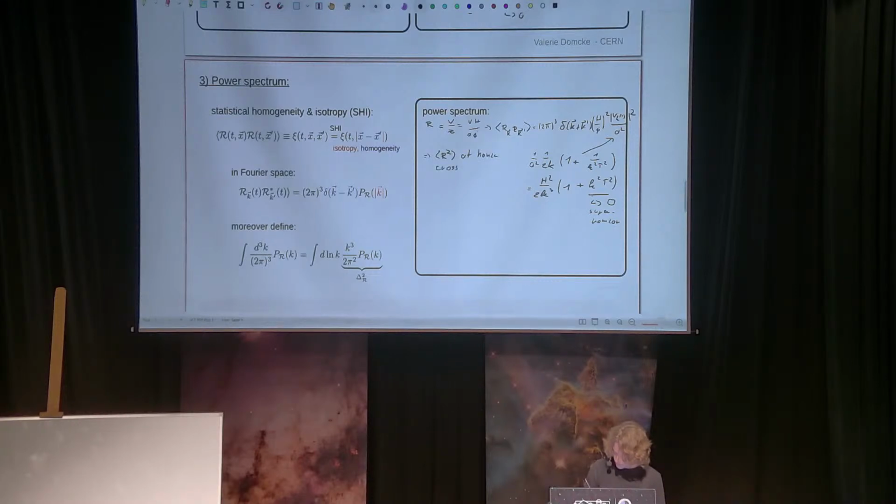And horizon crossing, just to remind you, means k equals a star H star. Star is my definition of horizon crossing. For every given mode, I can compute a time when this mode exits the horizon. That's my time t star for every k. And then all the indices with star mean I have to evaluate it at the horizon crossing corresponding to that mode. So we compute it at horizon crossing, and then it remains constant.